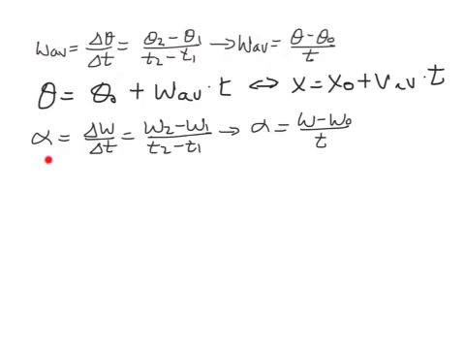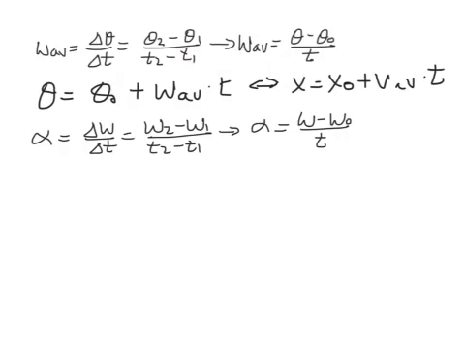We get a similar result when we look at the acceleration. The angular acceleration alpha, as we said before, is delta omega over delta t, which we would write this way, but we change our notation so that omega 2 becomes omega, and omega 1 becomes omega naught, and then T2 becomes T, and T1 becomes 0. Right?